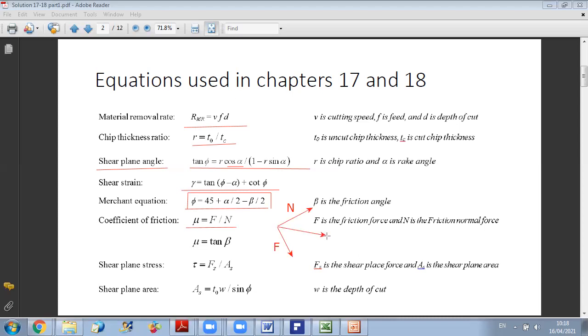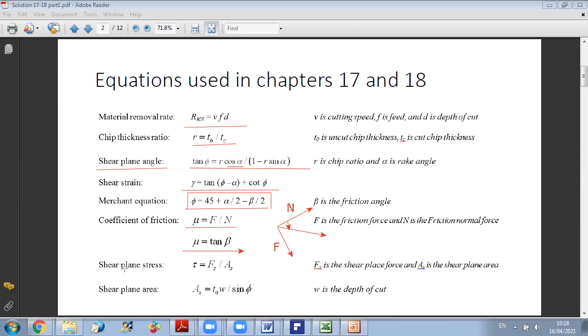If you want to determine its angle with the normal, beta here, all you have to do is F over N. So you can determine the direction of the resultant using the friction coefficient. So tangent beta is equal to mu.